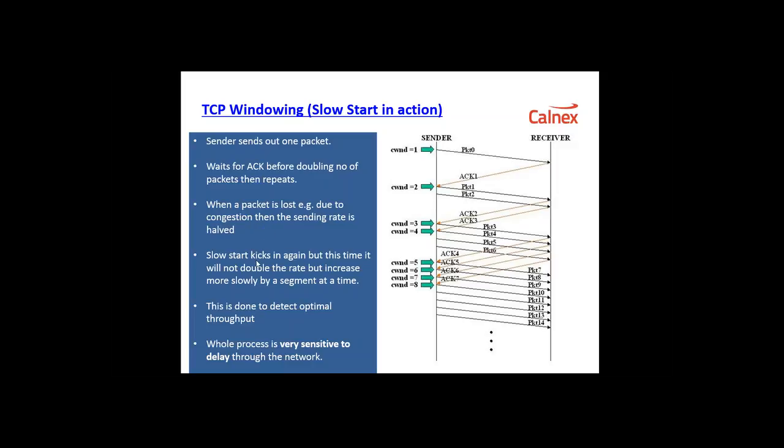And then when slow start kicks in again, it doesn't double the rate, but increases it more slowly. So for example, it goes from 1, 2, 4, 8, 16, and so on, up to a certain level, and then if it hits a problem, it halves it, and then tries to detect the optimal point by slowly increasing the packet rate. The whole process is obviously very sensitive to the delay through the network, because if the acknowledgement doesn't come back in time or is lost, then TCP kicks in and controls the amount of data going through.